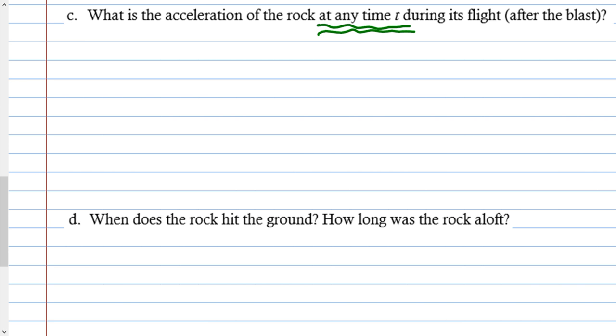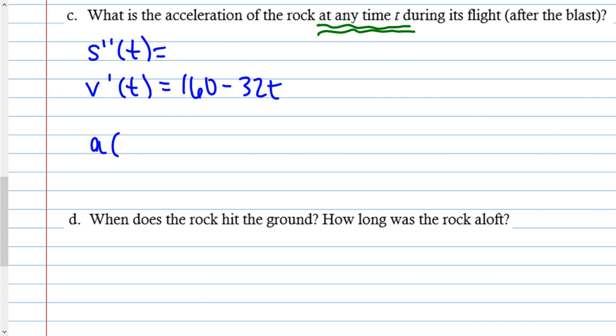Now remember, acceleration is the second derivative. So for position, I would derive it twice, or if I just have velocity, I can just derive that once. Now we do have velocity, so I don't have to start from the beginning. So 160 minus 32t. Acceleration is the derivative of that.